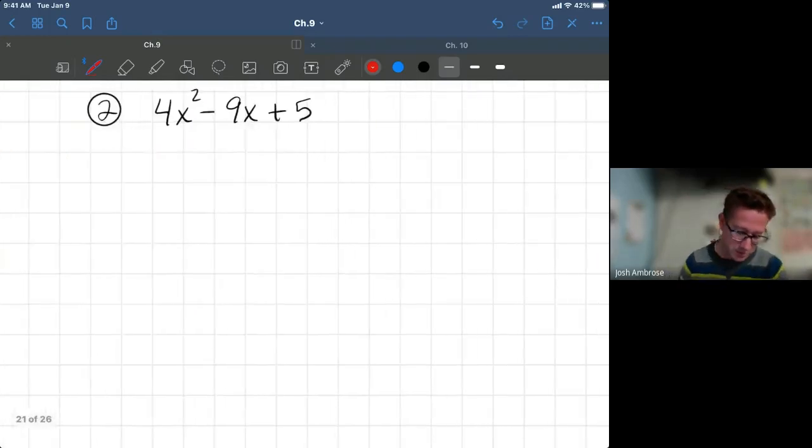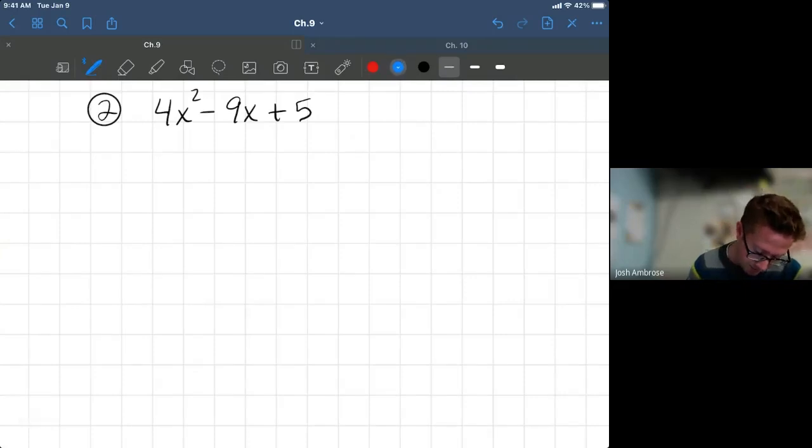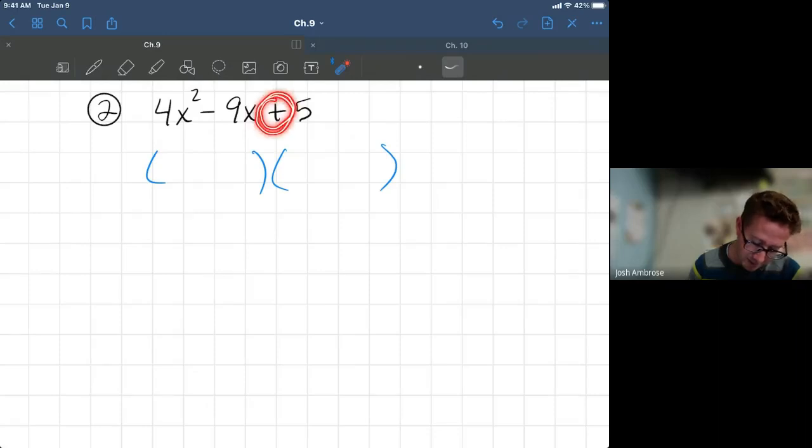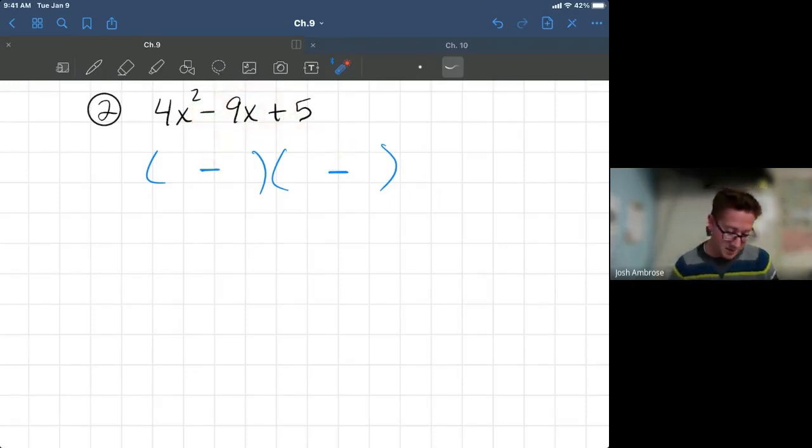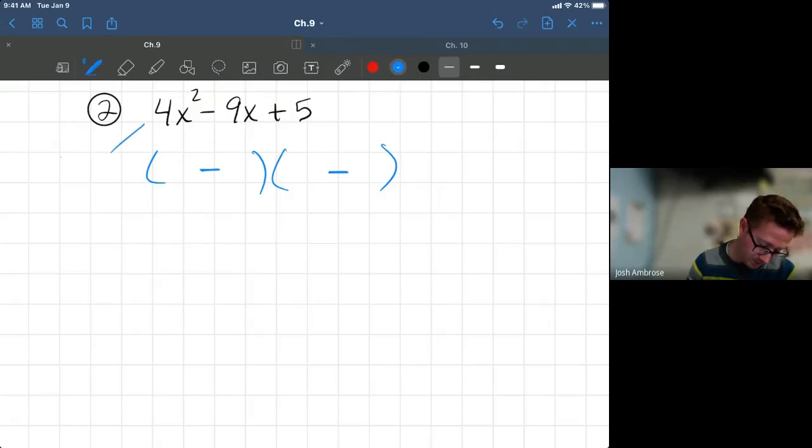Example problem number 2. Double set of parentheses. Okay, take a look at the second sign. It's a plus sign. That means look at the first sign, and that's a negative, which tells me both signs in here will be a negative. Remember, if this is plus, look to the first, and whatever that is goes in both of those spots. Okay, factors of 4: 4 and 1 or 2 and 2.